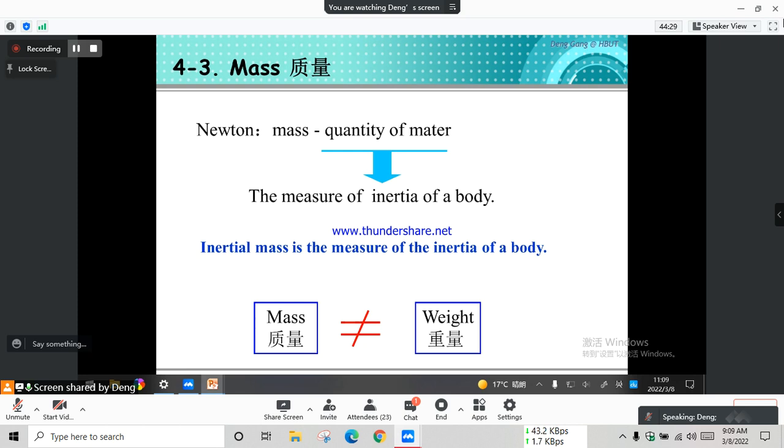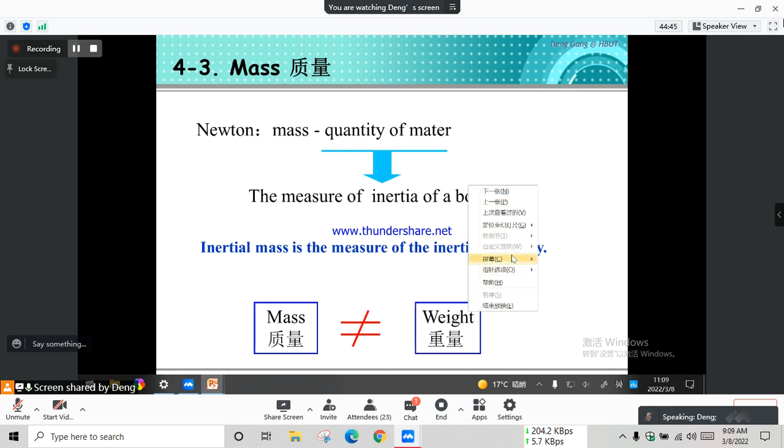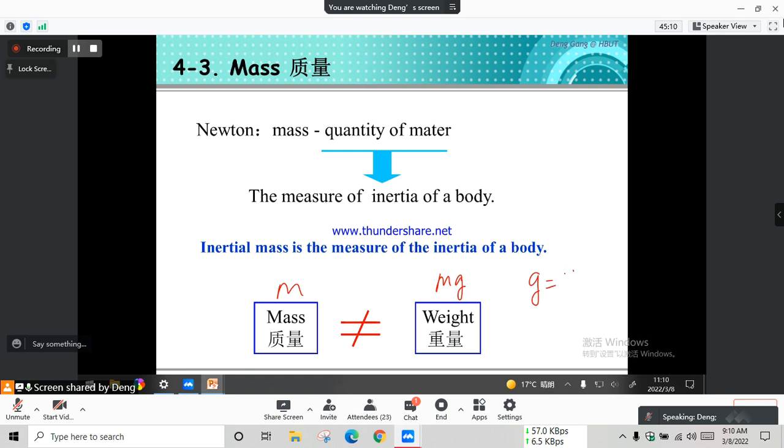And they do not have the same quantity. For example, if I use m to indicate mass, then near the surface of the Earth, weight is equal to mg. g is the acceleration of a freely falling object near the surface of the Earth, and g is equal to 9.8 meters per second squared.